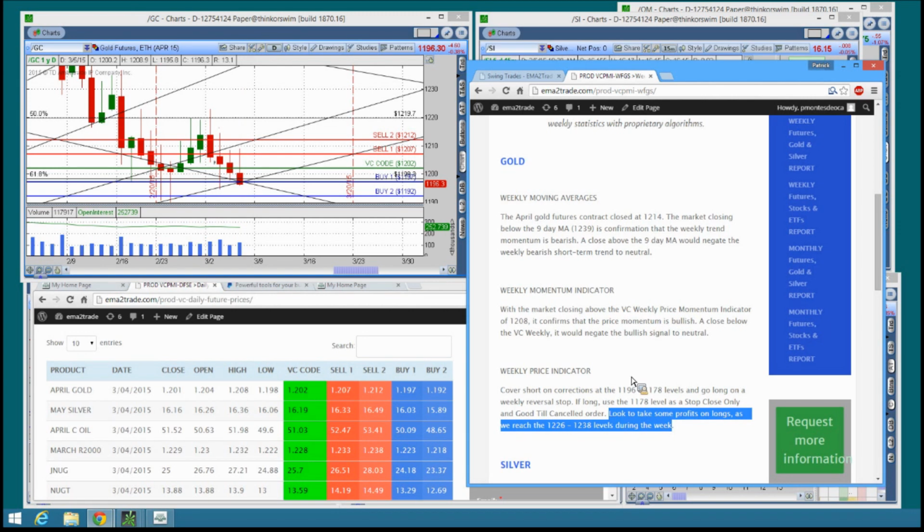It's a high probability signal, because the daily algorithms are synchronizing with the weekly algorithms, that these levels more than likely are going to hold, and the swing trade projects a rally back up to that 1238 sell 2 level objective for the rest of the week, and as we basically come into next week.